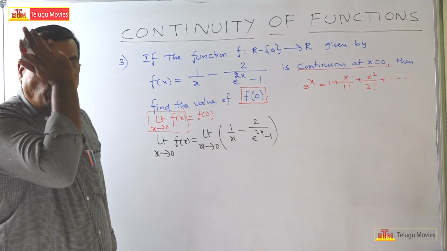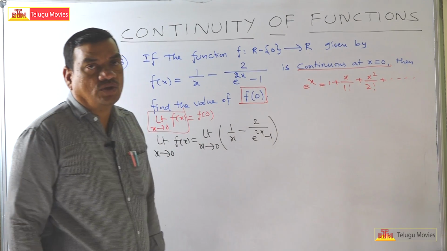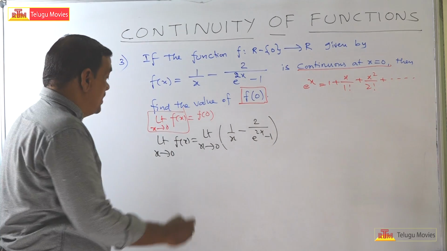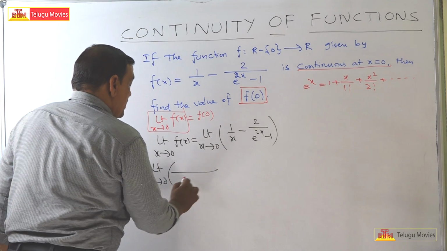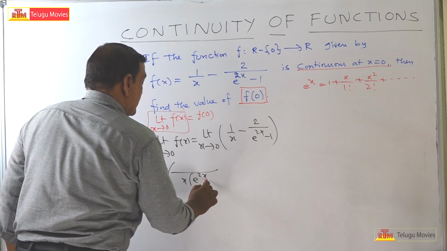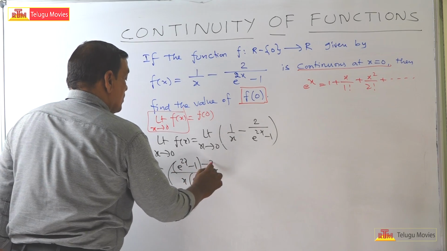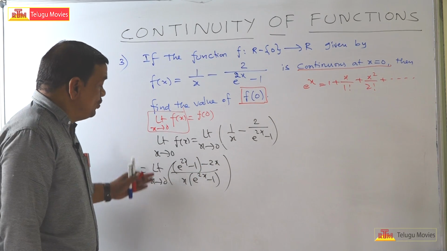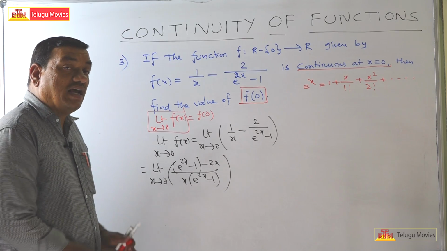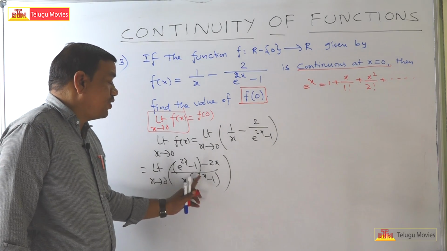Now, how to do this problem? First of all, you combine this function and make it into one. Let us see this solution. Limit x tends to 0, e power 2x minus 1 minus 2x upon x into e power 2x minus 1.